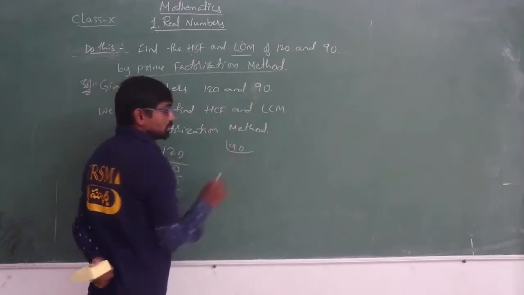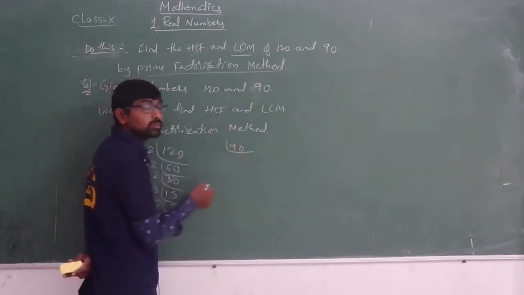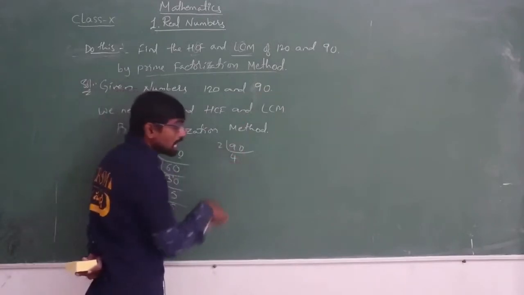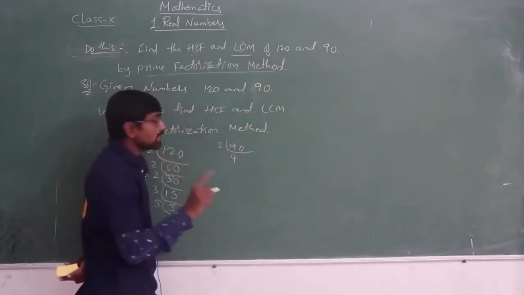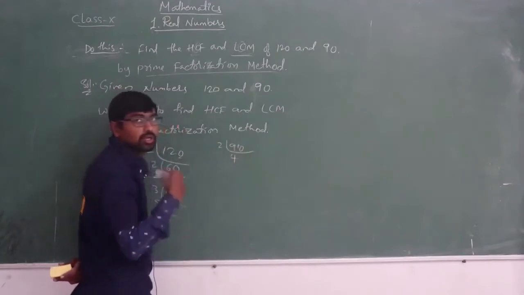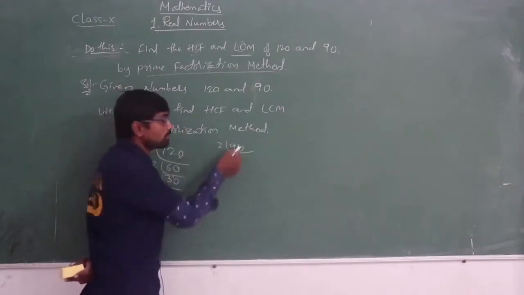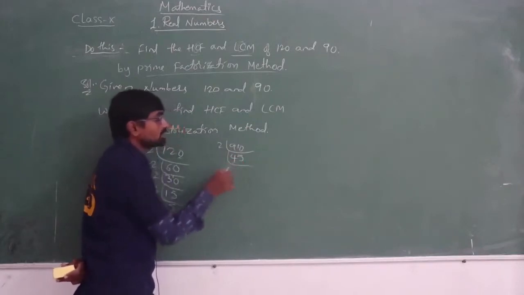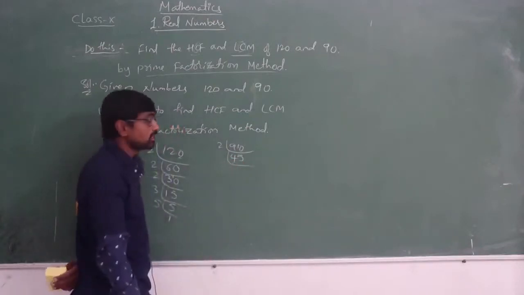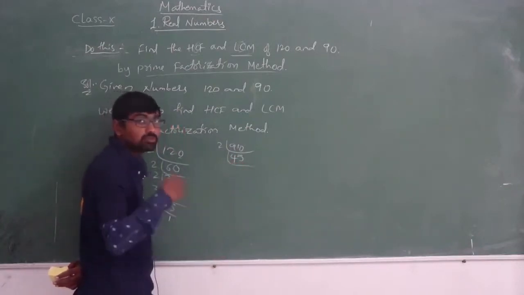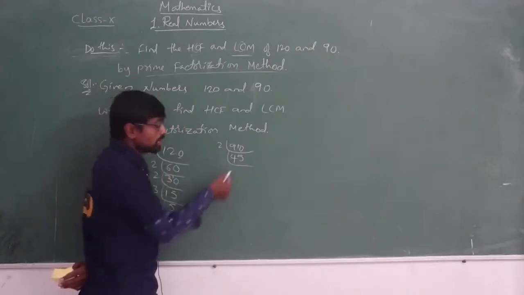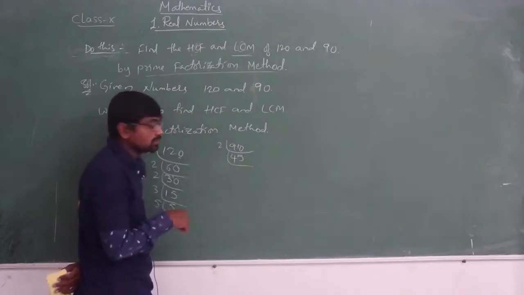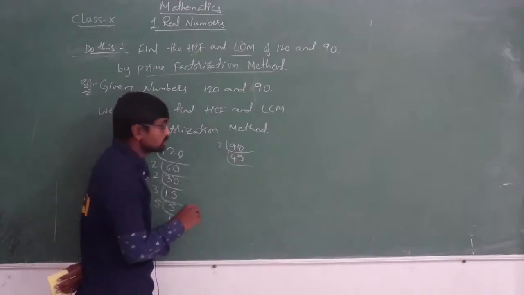Similarly, I have to find the prime factors of 90. As 90 ends with the digit 0, I will get it in the 2 table. 2 4s are 8, 1 remains, so it becomes 10. 2 5s are 10. As it does not end with an even number and has 5, we have to check in 3. 5 plus 4 is 9, as 9 is in the 3 table, 45 is also divisible by 3.